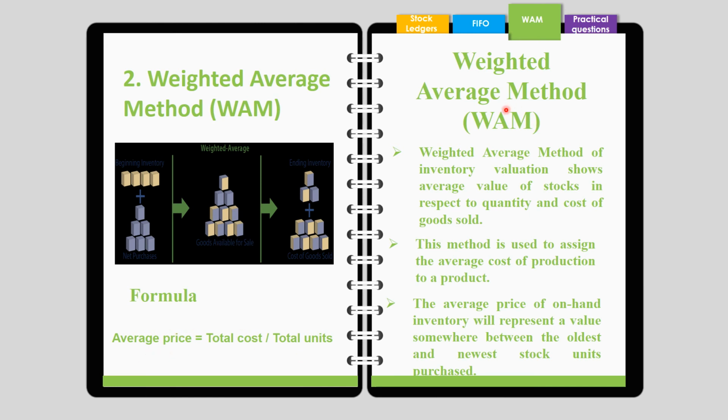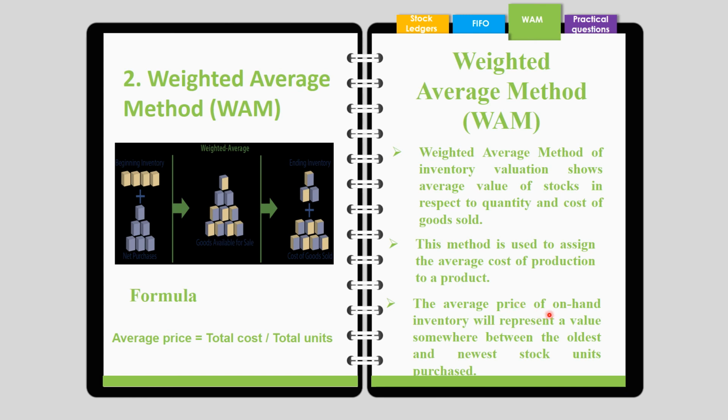Now understand here with the definition, what is the meaning of this weighted average method of inventory valuation. Weighted average method of inventory valuation shows average value of stocks in respect to quantity and cost of goods sold. This method is used to assign the average cost of production to a product.